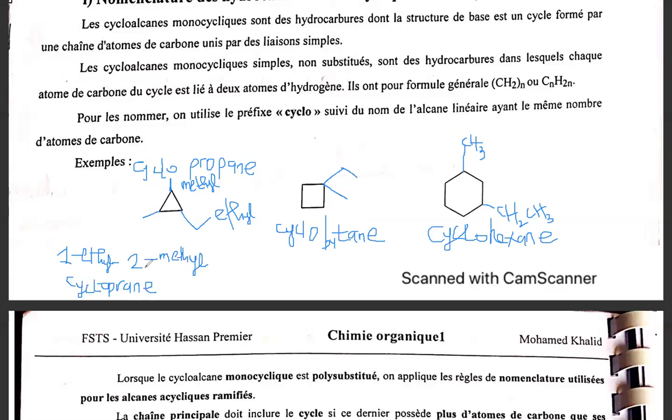At positions 2 and 3 we have two identical substituents, so we are going to have a dimethyl. Is it clear for this part? So if we have two methyl substituents at positions 2 and 3, it will be 1-ethyl-2,3-dimethylcyclopropane. Is it clear?